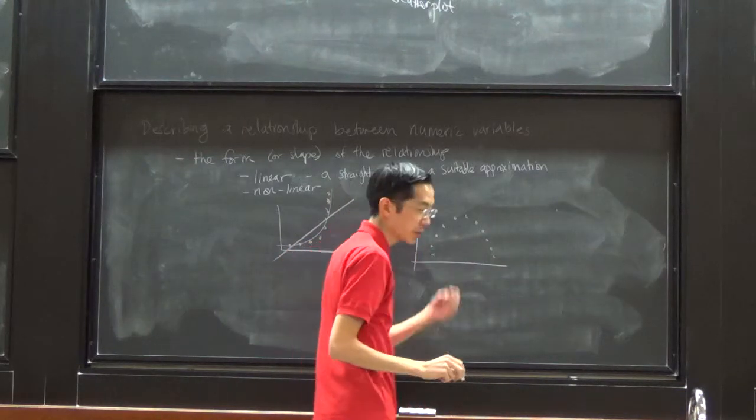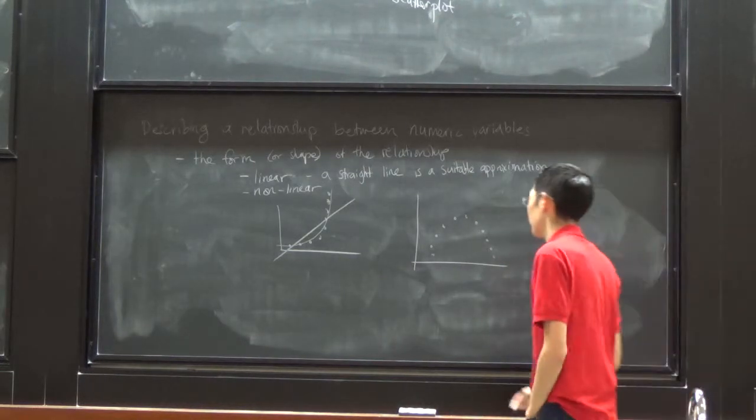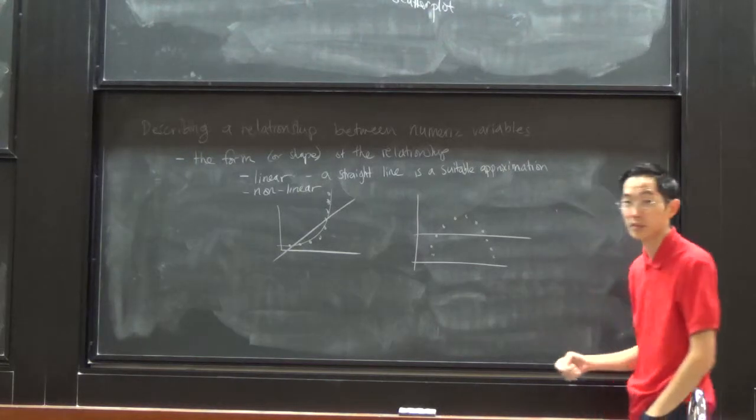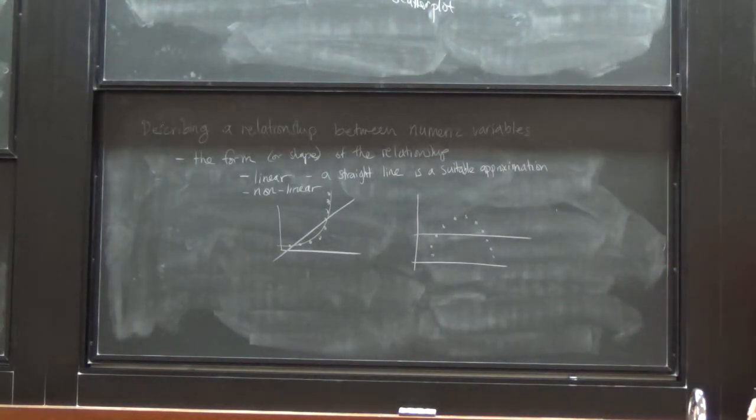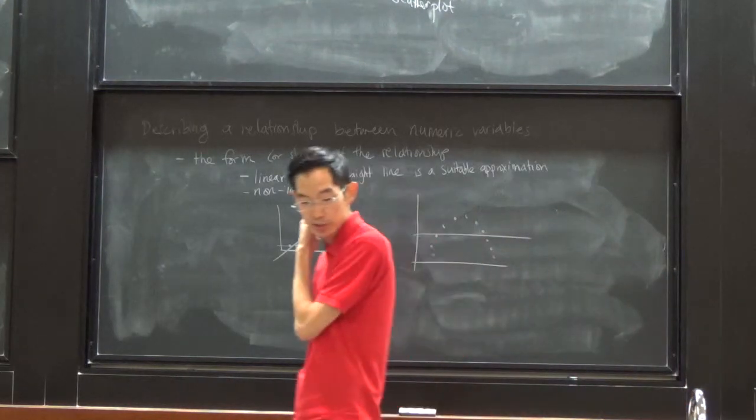Okay, these are extreme examples, but here a straight line would not work. I mean, if I tried to put a straight line, maybe it would look like that or something. So these would be nonlinear relationships.